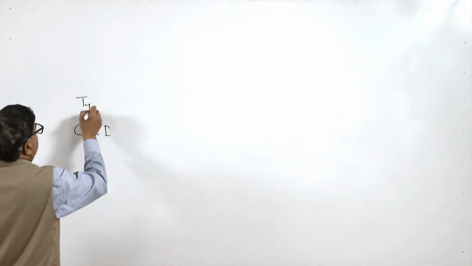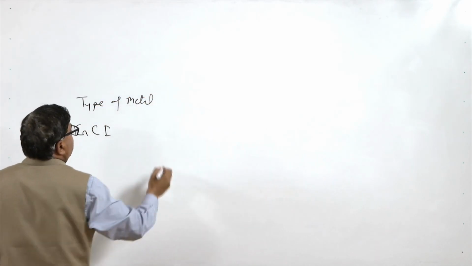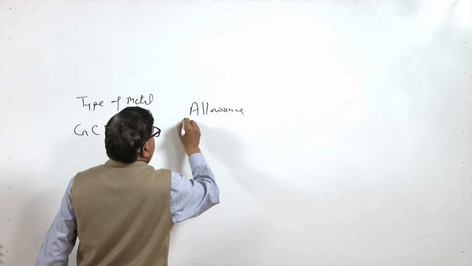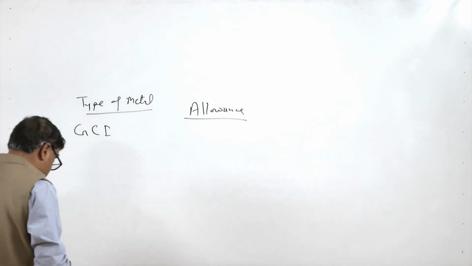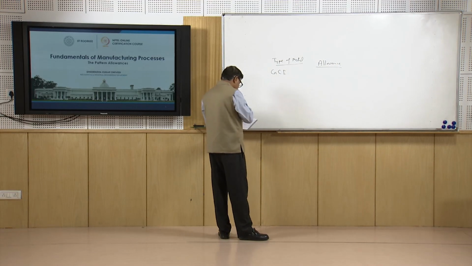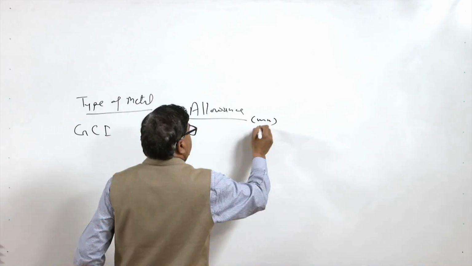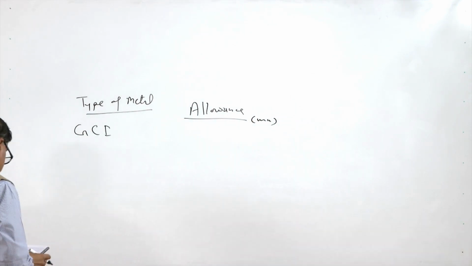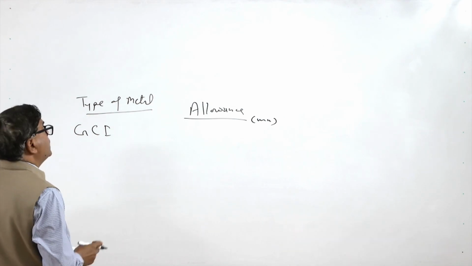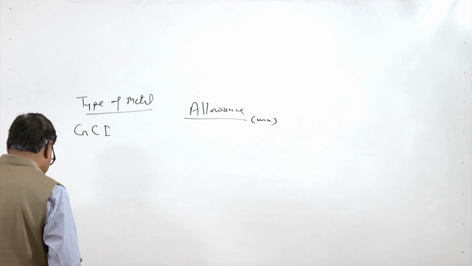We will write the type of metal and the extent of the shrinkage allowance given, in mm per mm, since this is on the linear dimensions.